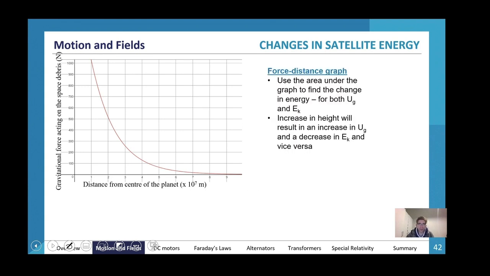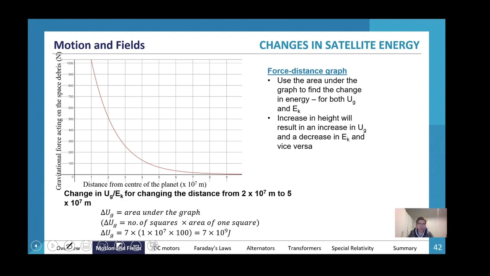I'm not going to spend too much time on it, given that I assume you know how to do it: the area under the graph is the number of squares multiplied by the area of one square. The change in energy in this case, for example a satellite which moves from a higher orbit to a lower orbit, that change in gravitational potential energy will obviously be converted into kinetic energy.